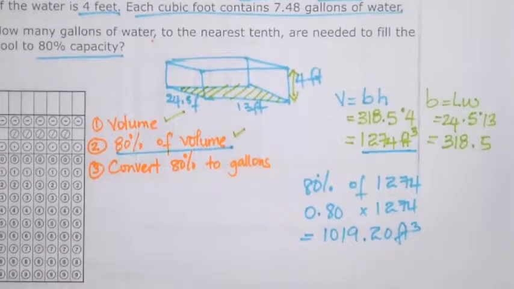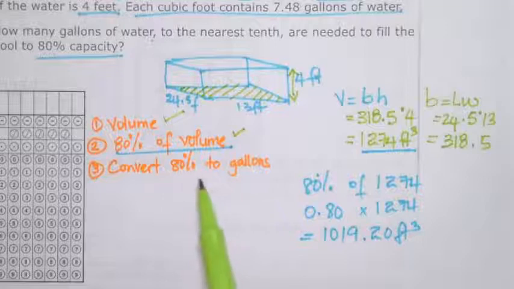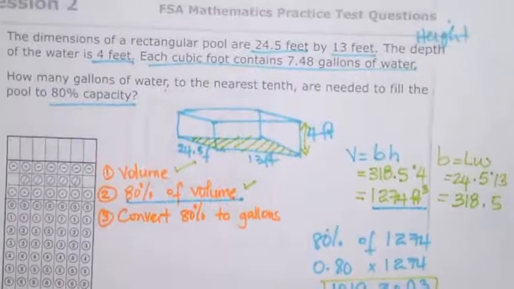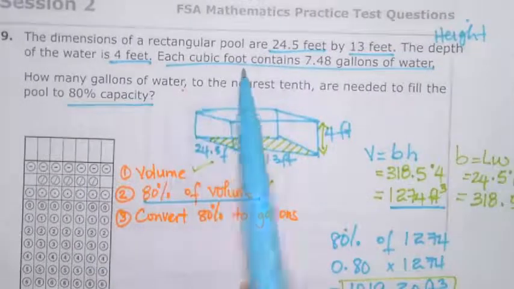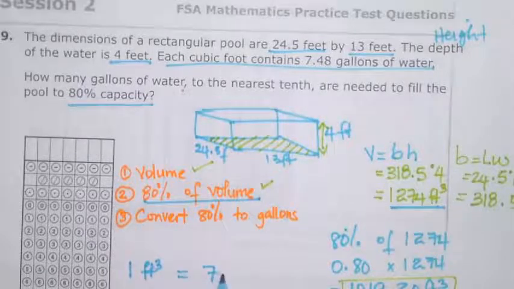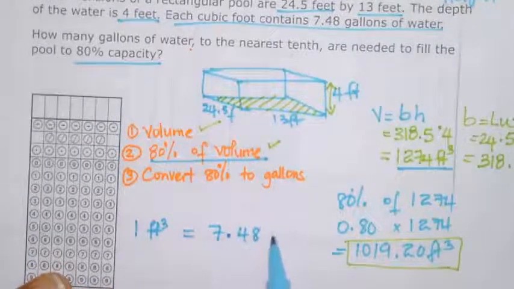Number 3 is to convert whatever the 80% is to gallons. So we know that this here represents the 80%, and we need to change that amount of volume to gallons. Now, it told us that 1 cubic foot is equal to 7.48 gallons.